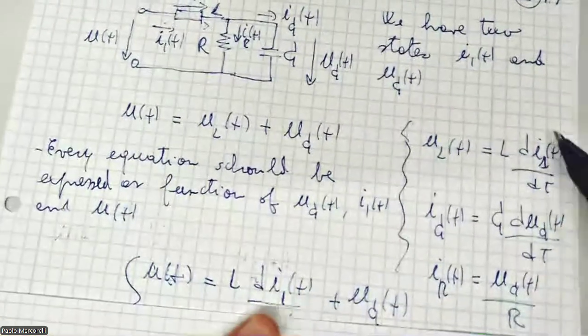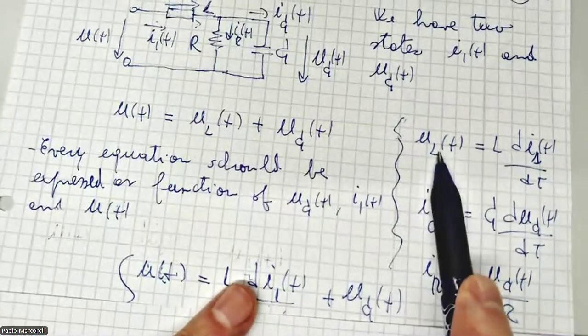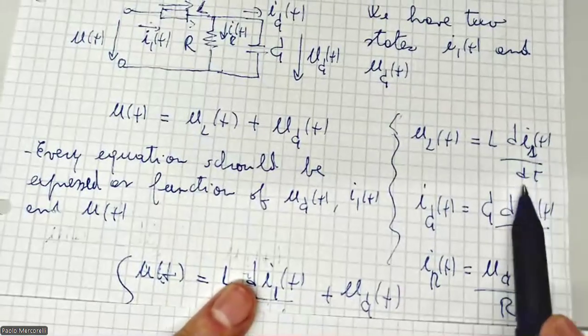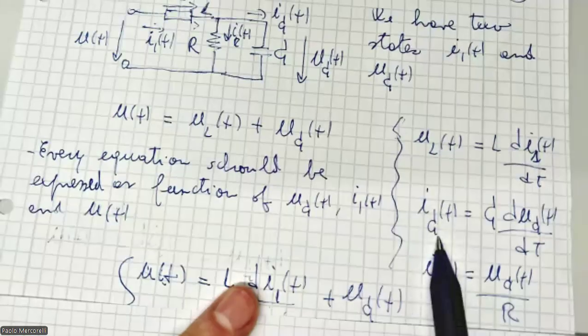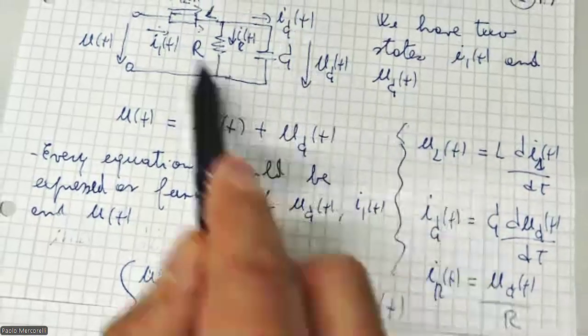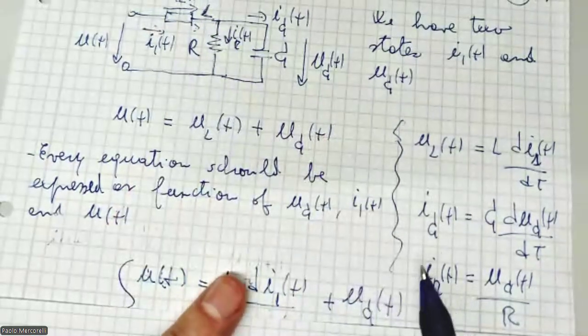Look at this structural equation here, which we learned in electrotechnics. U_L, which I indicated now, equals L multiplied by the derivative of I_L with respect to t. I_C, the current of the capacitance, we can see here. U_L is exactly the voltage on the inductor.